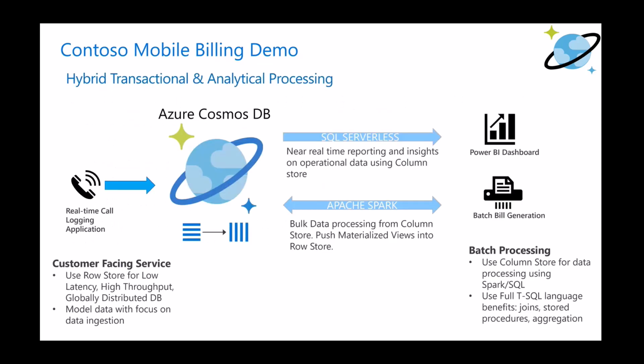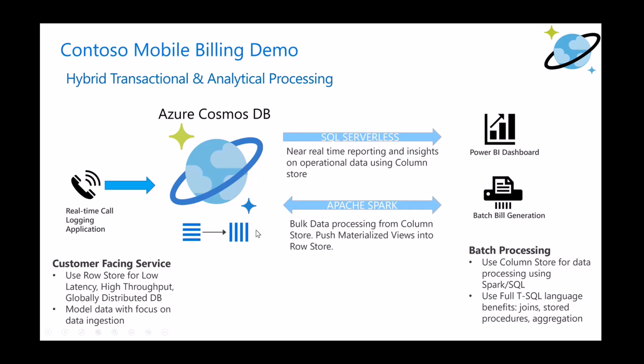Let's see how HTAP will be applicable in our scenario. So we have the real-time calling application interacting with our transaction store here. This transaction store, because of Synapse Link, is automatically getting translated to the columnar store here.